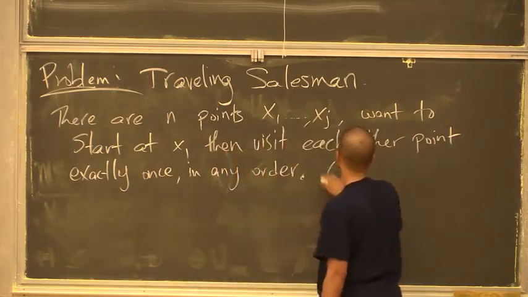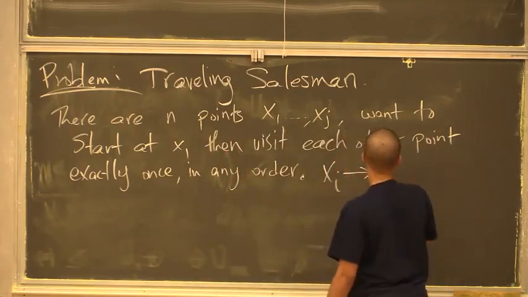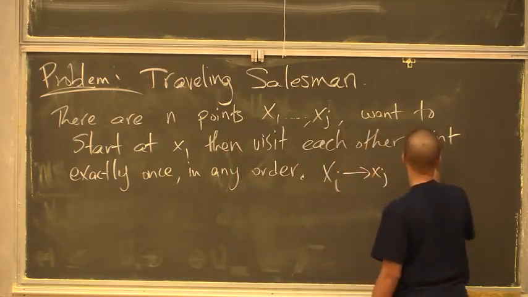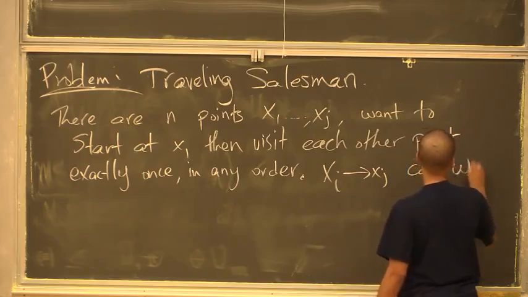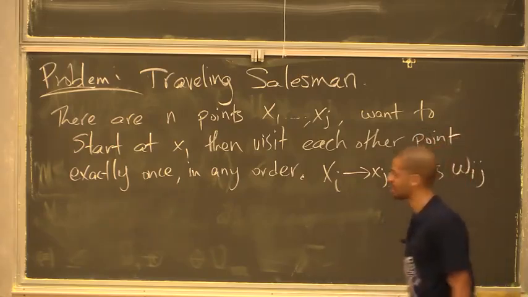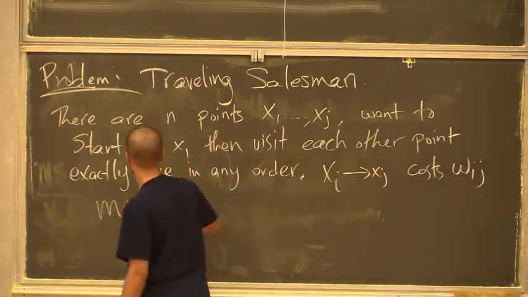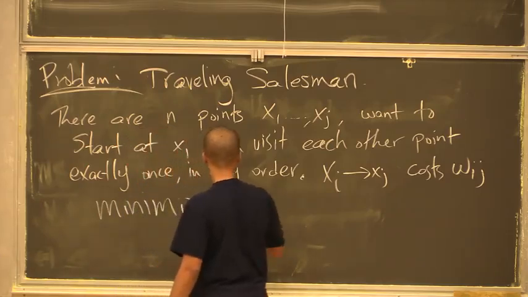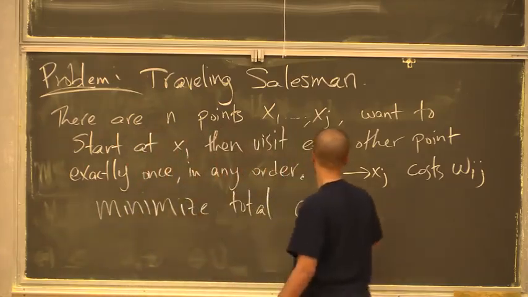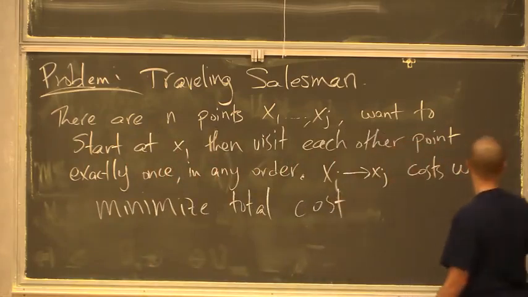Moving from xi to xj costs wij time, and I want to minimize the total cost. And let's say all of these numbers are non-negative.